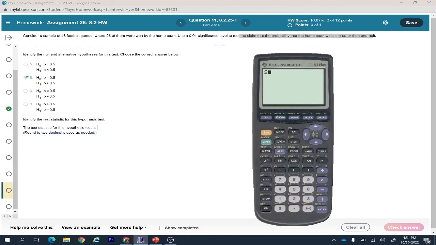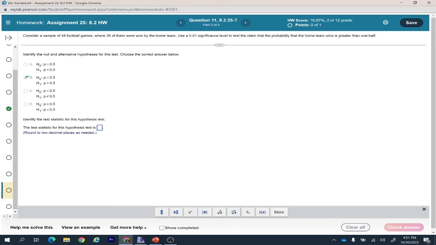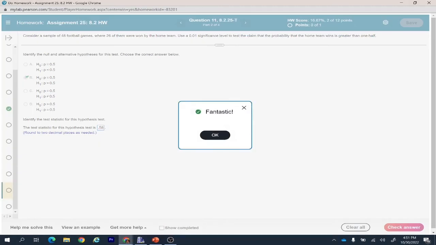So 26 out of 48, that's the sample proportion, minus the population proportion 0.5, divided by the square root of the population proportion 0.5 times 1 minus the population proportion, again 0.5, divided by the sample size, which is 48, and then that gives us the test statistic, which is 0.58. That's our test statistic, 0.58.